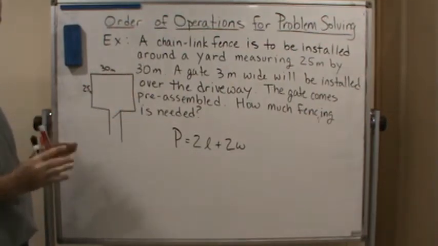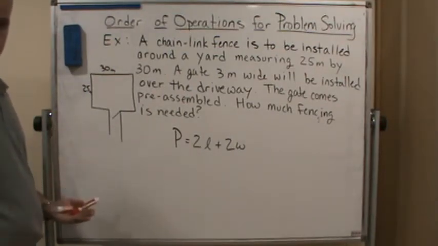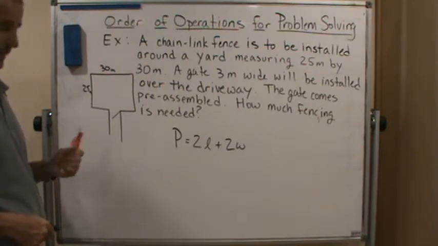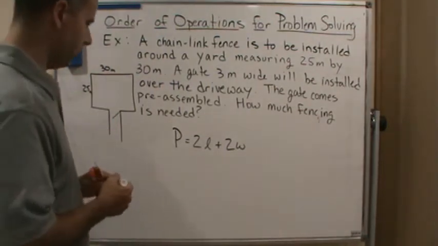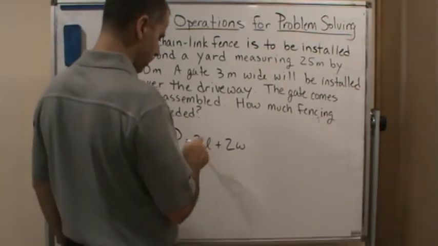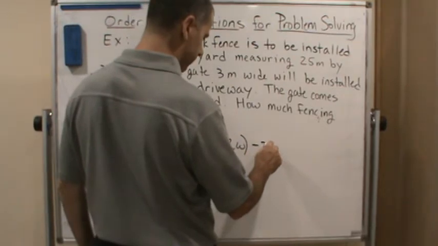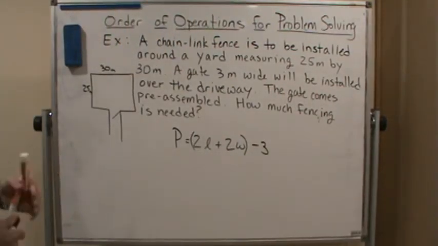But we don't want the whole thing enclosed in fence. We're going to have a piece of that that's going to be gate. How much? 3 meters. So once we find the perimeter, we're going to subtract off 3 meters. And that's our formula.